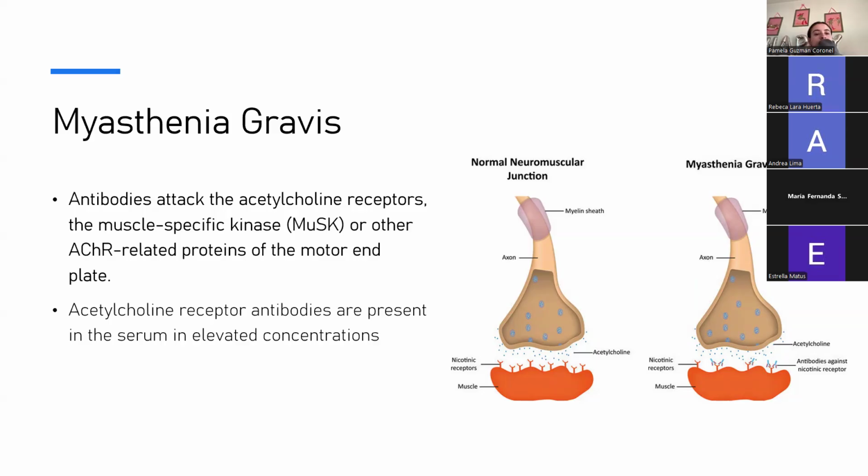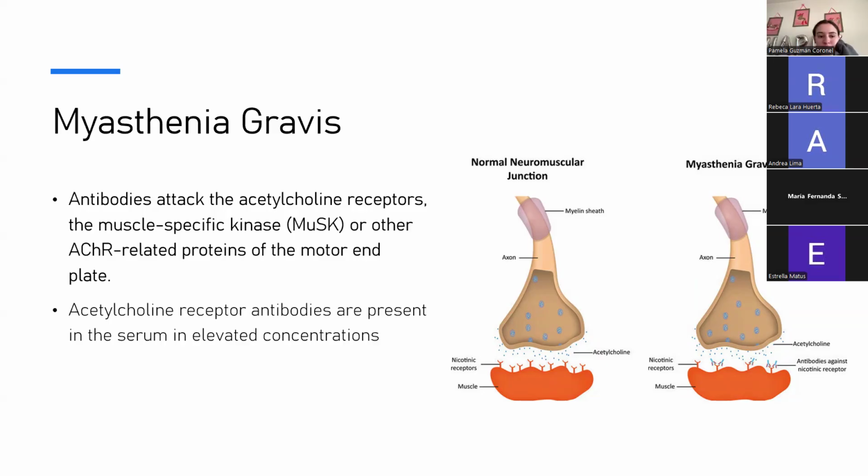So we have antibodies here. They join to the nicotinic receptors. The muscle cannot contract. Perfect. Why? Because the acetylcholine receptors are the ones that signal for the contraction of the muscle. So if there's a lack of those receptors because the immune system is destroying them, then it can't receive the signal to contract.